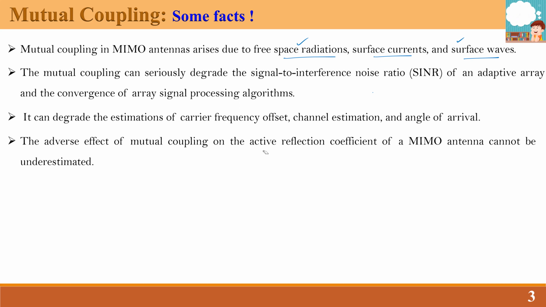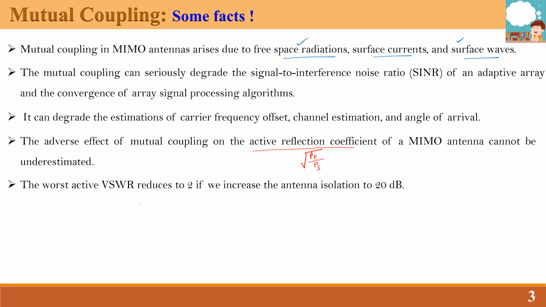It can be easily understood. Just a second, let me write it. The active reflection coefficient is nothing but the square root of the radiated power divided by the power that you supplied. So it is basically the ratio between these two.